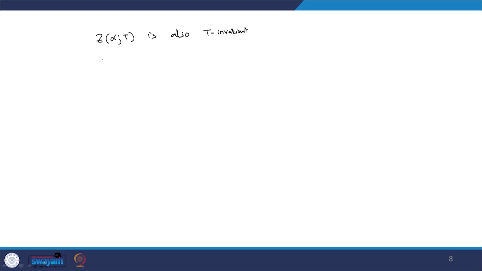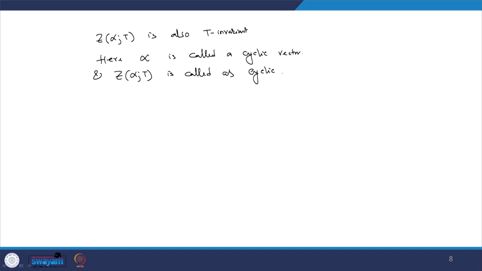Apart from that, alpha is called a cyclic vector, and z alpha t is called a cyclic subspace of the vector space V.